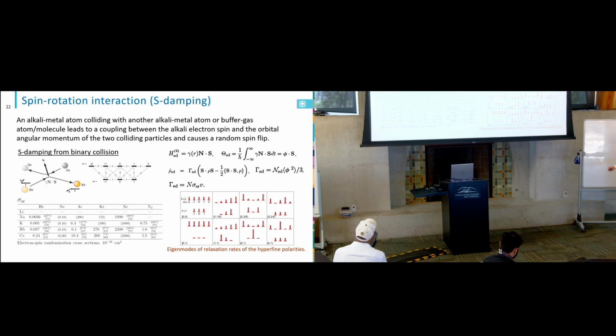Okay, I want to quickly go through different collisional mechanisms. One is called the spin rotation interaction, or S-damping. If we have an alkali metal atom, in this case rubidium, it collides with a buffer gas atom, helium here, and when they are close to each other, the atomic spin actually couples to the angular momentum of the two colliding particles. When that happens, it moves the population randomly from one quantum state, or atomic sublevel, to another.